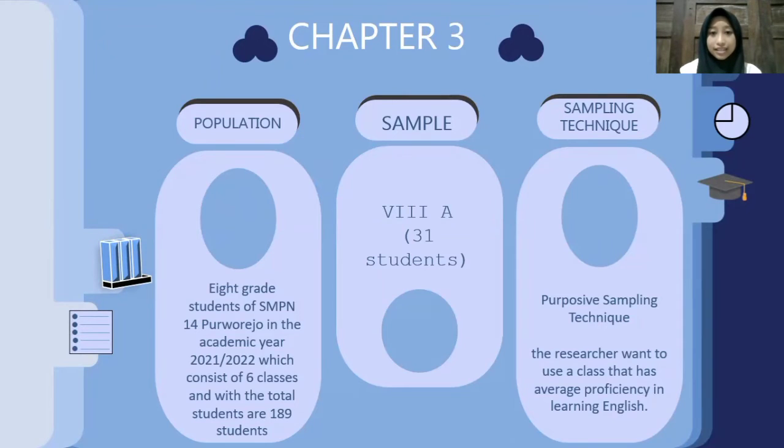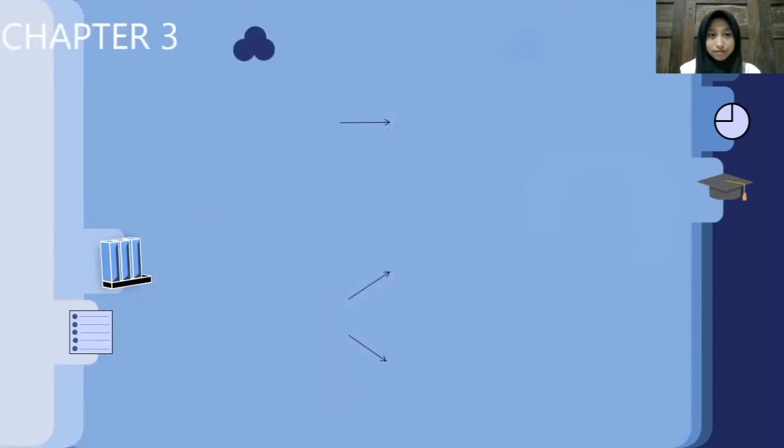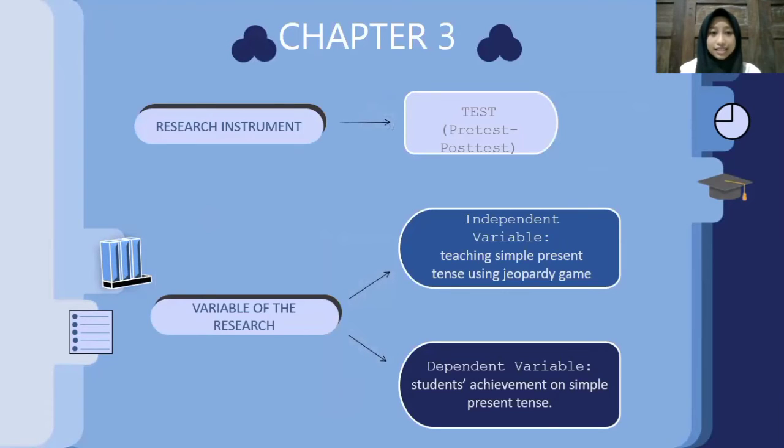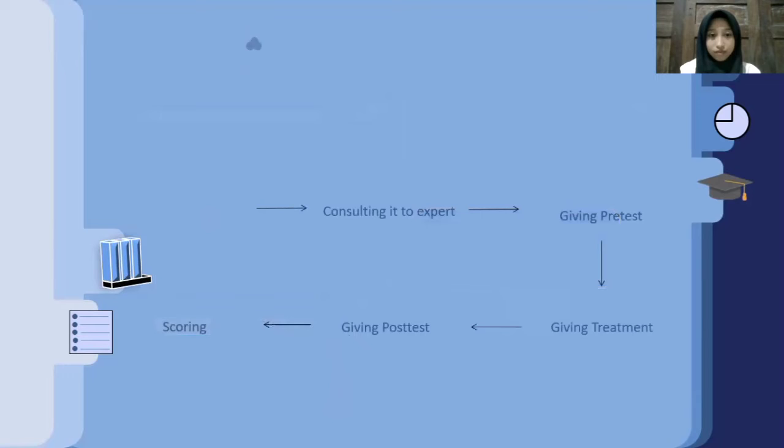Sample: the sampling technique uses purposive sampling. The researcher wants to use a class that has average proficiency in learning English. Research instrument uses tests. Variables of the research: the independent variable is teaching simple present tense using Jeopardy game, and the dependent variable is students' achievement on simple present tense.